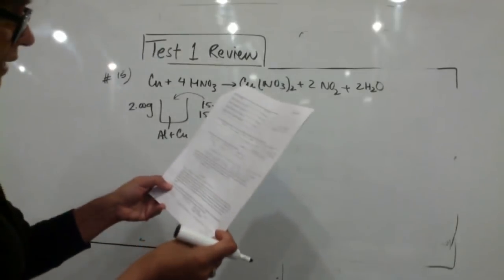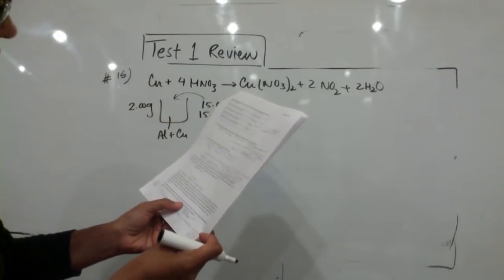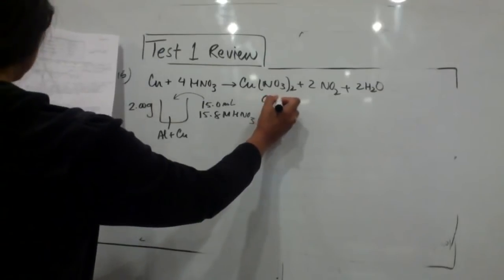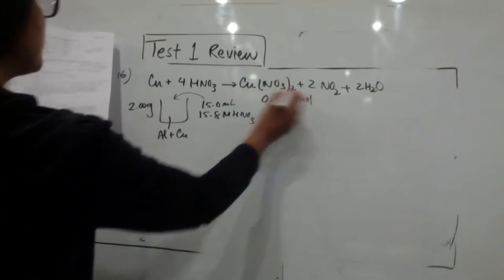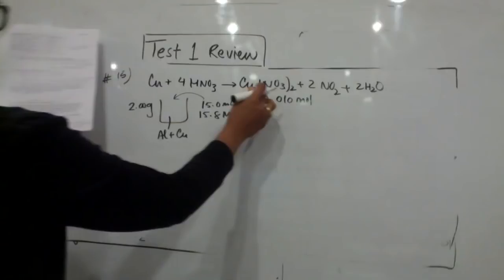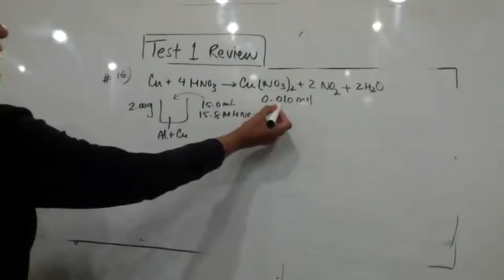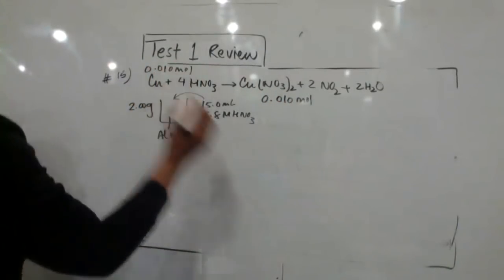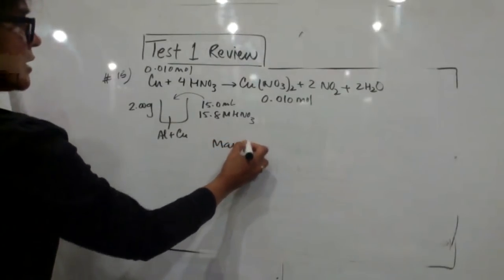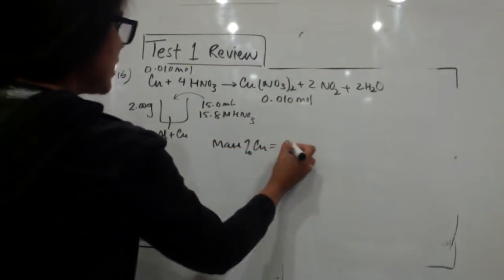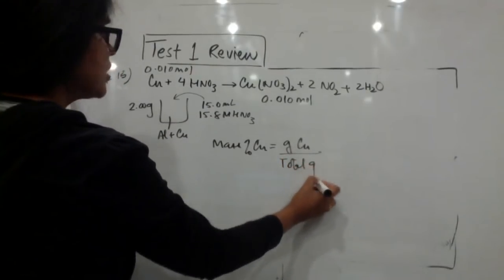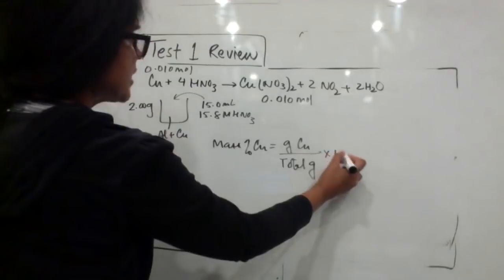So a lot of action happening. The students determined that the reaction produced 0.010 moles of NO2. Then it will be 0.010 moles of copper as well. For mass percent of copper, you need grams of copper over total grams of mixture times 100.